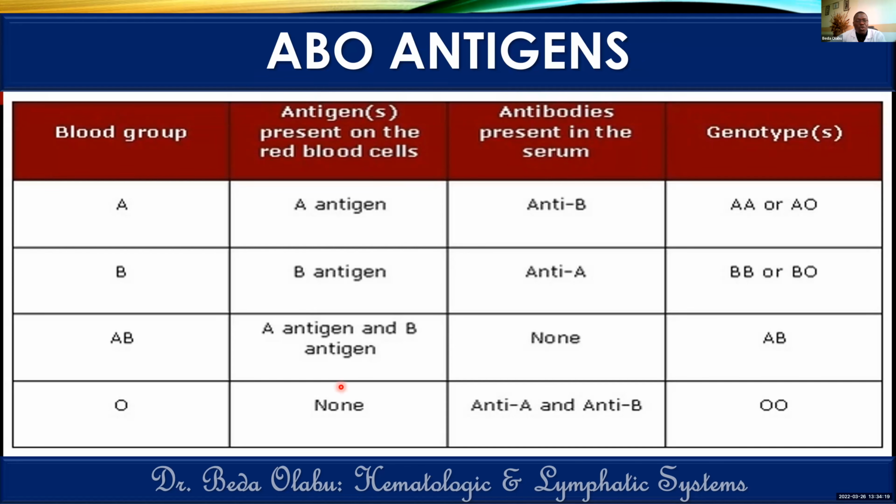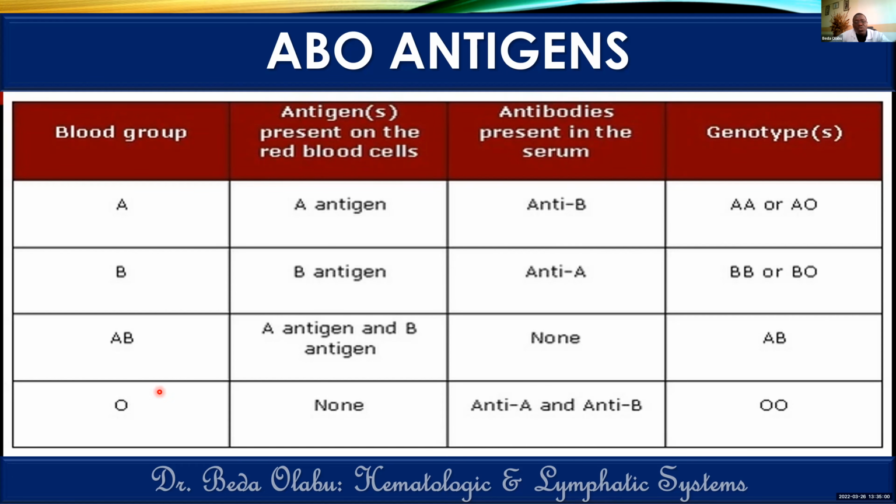Let's start with the ABO antigens. The ABO system is based on the presence of two types of antigens. There's antigen A and antigen B. So people who have red blood cells with the A antigen are termed blood group A. And those who have the B antigens on their red blood cells are termed blood group B. If your red blood cells have both antigens, then your blood group is AB.